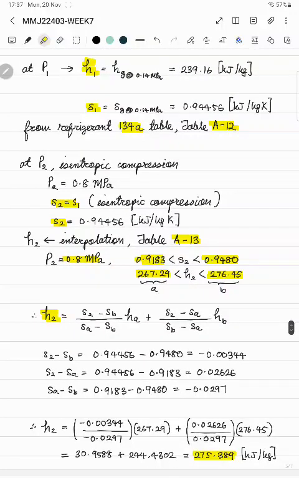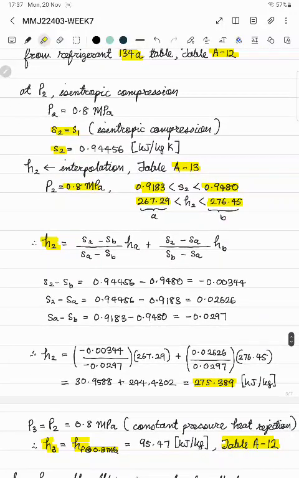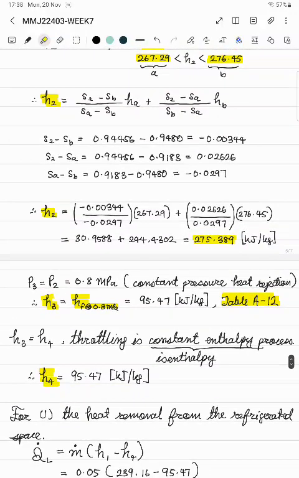And using linear interpolation, if you walk through the maths slowly, which is something that I really wish you do, because it's going to take some practice to get good at it, you end up with H2 equals 275.389, or as in the worked example of the textbook, 275.39. So there you go, you have the enthalpy value at state 2.